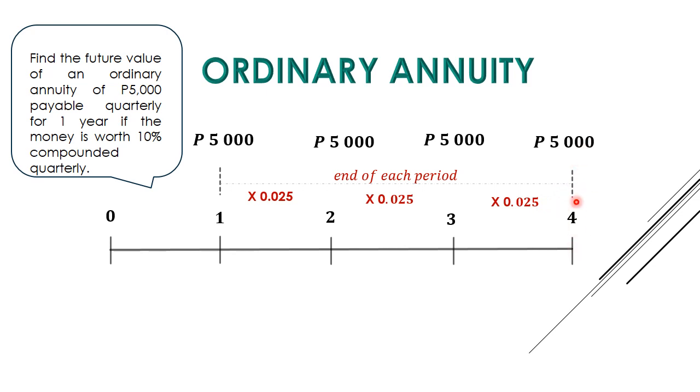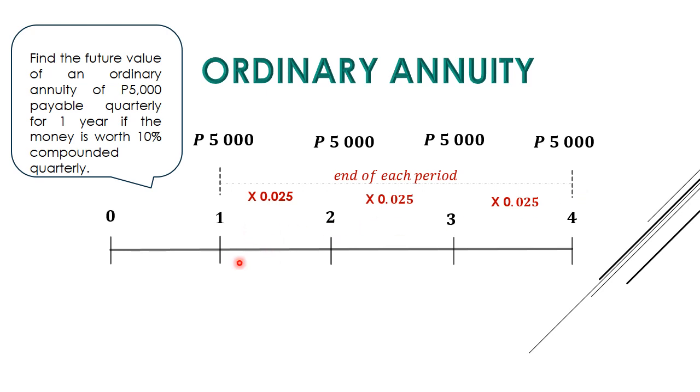And for the last payment, we don't need to get an interest on it, since this is already the last quarter of your term. There are no quarters following this payment, so there is no interest already, right?